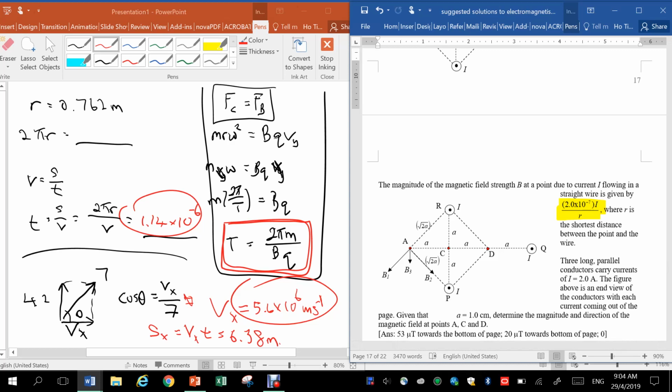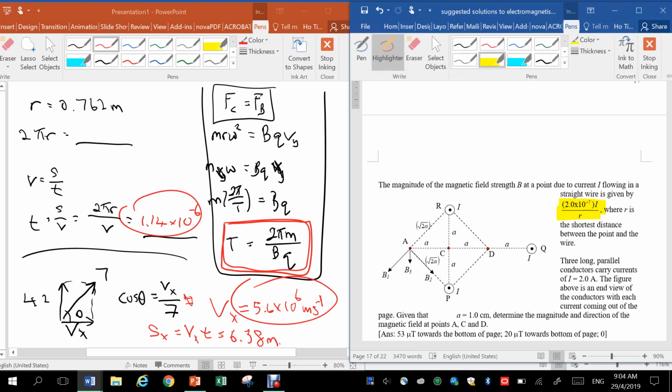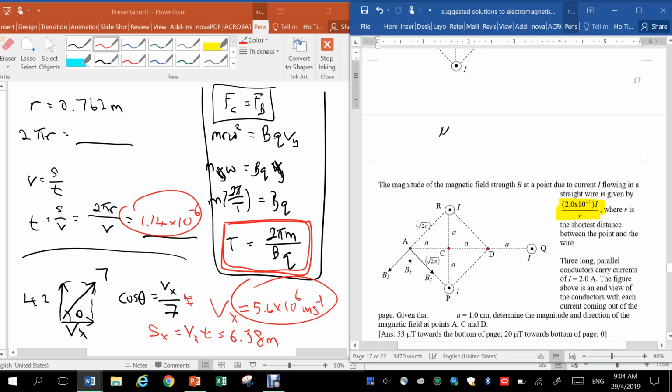Shouldn't come as a surprise because mu naught is given as 4 pi times 10 to the power of minus 7. So if you take mu naught divided by 2 pi, you essentially just get 2 times 10 to the power minus 7, which is the value that you have over here.